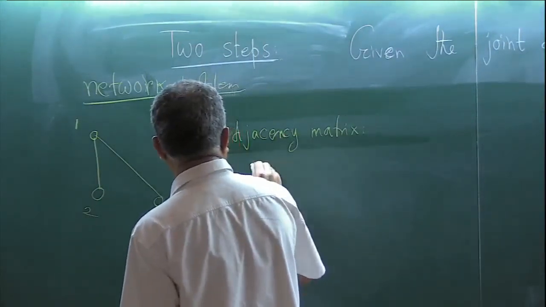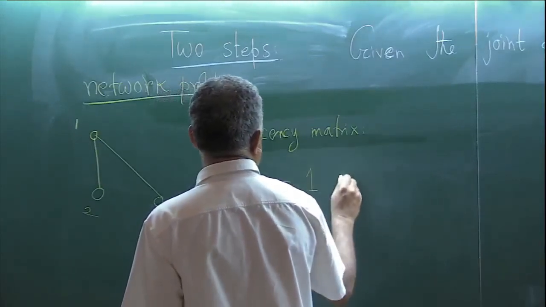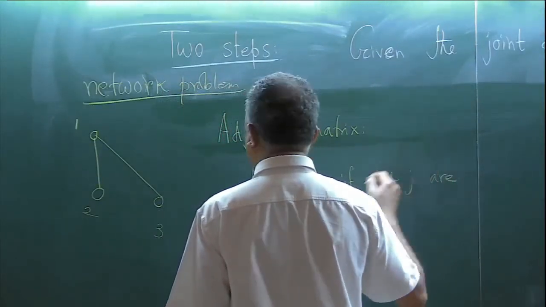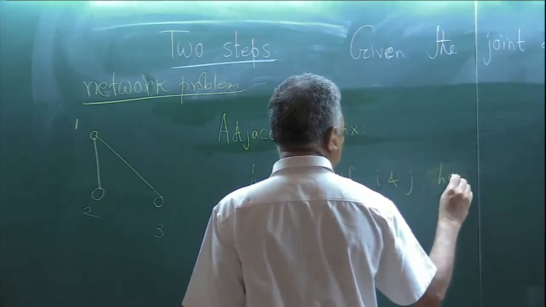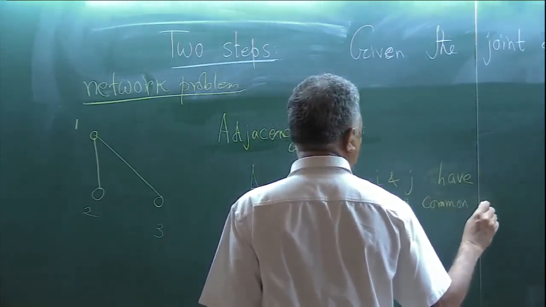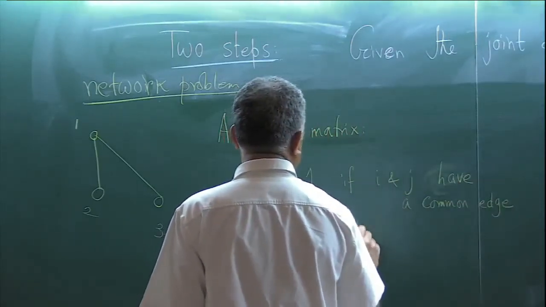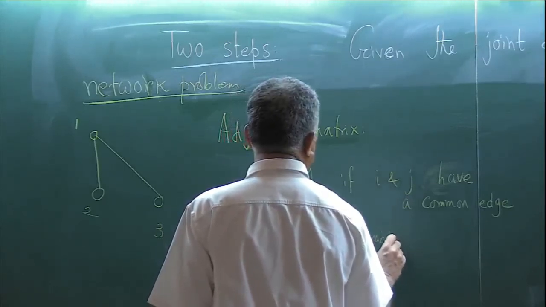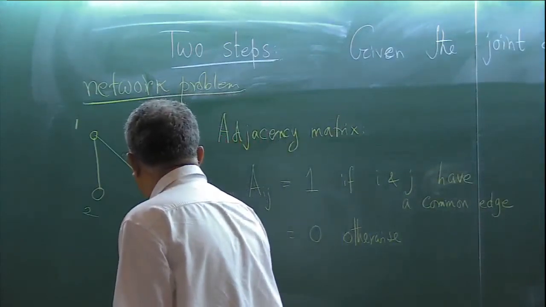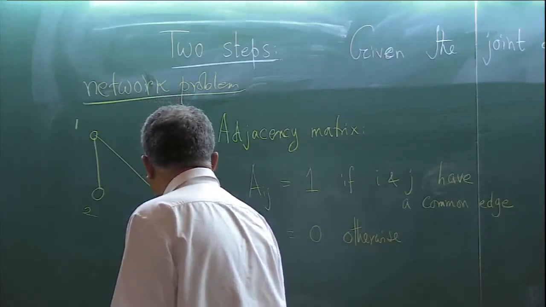The adjacency matrix: A_ij is 1 if i and j have a common edge, and 0 otherwise. For this graph, it will be a 3 by 3 matrix, with rows and columns 1, 2, 3.